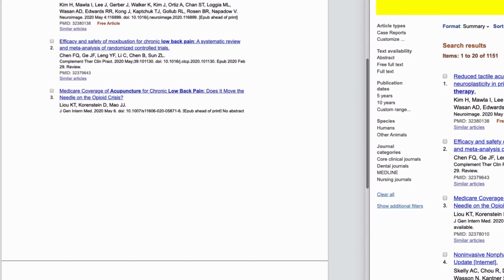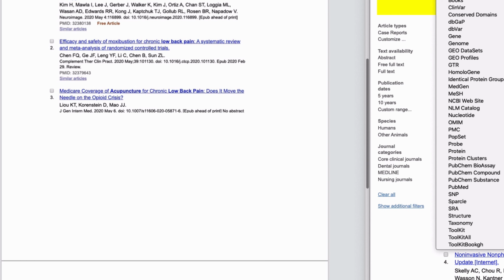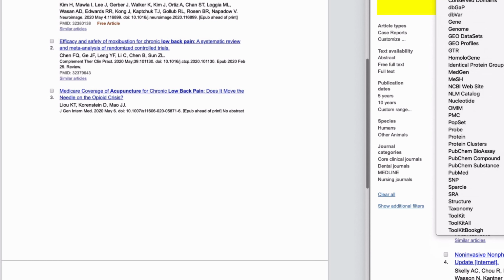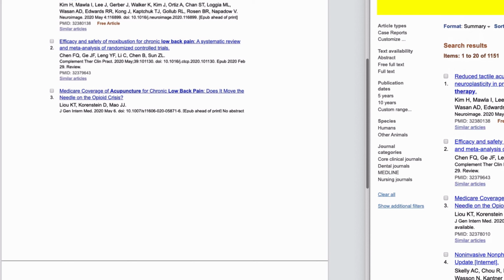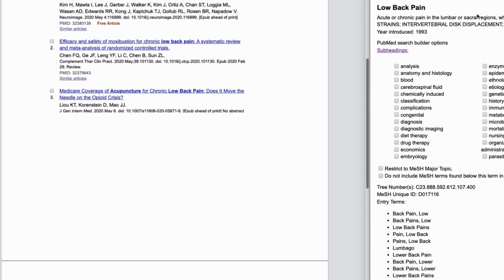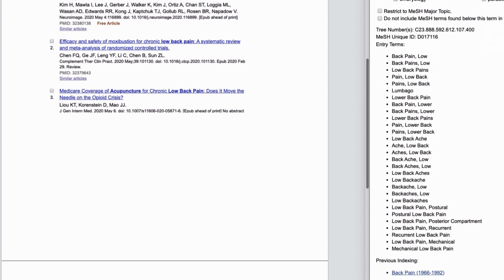We found out that lower back pain is one of the MeSH terms. Let's try to find low back pain in the MeSH tab. So this is the MeSH. So you're finding low back pain here. So you search low back pain. This is the MeSH page.